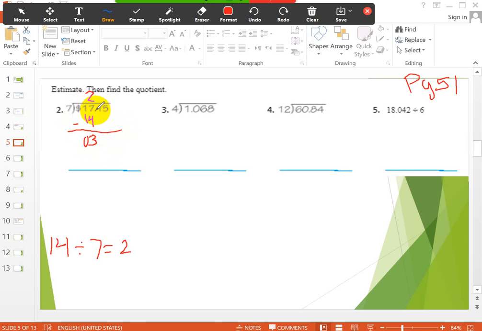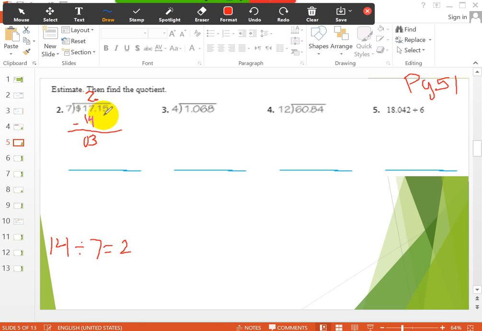Now look what I have after 17. I have the decimal point, and I told you, when I want to divide a decimal number on a whole number, I have to put the decimal point in the quotient over the decimal point in the dividend. That means I have the decimal point right here, so I have to put it here over it, in the quotient.